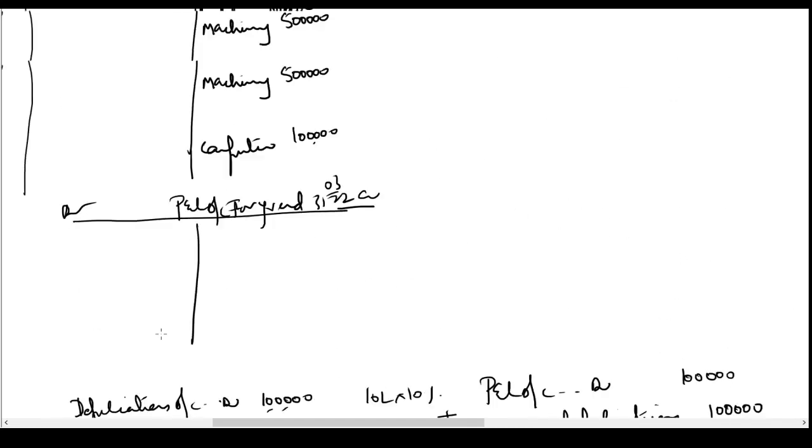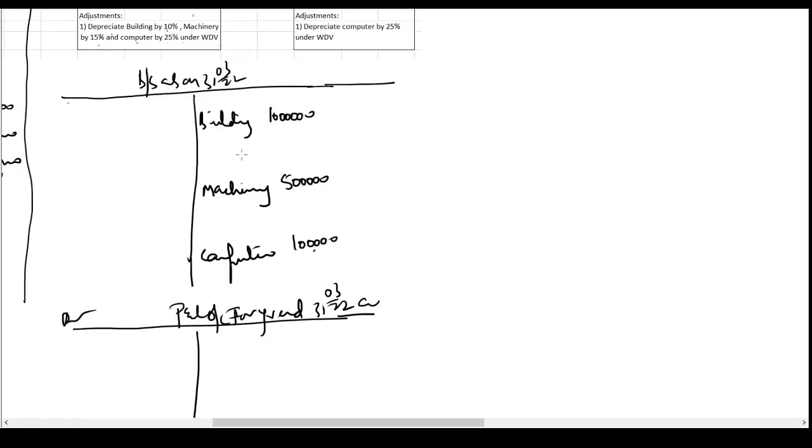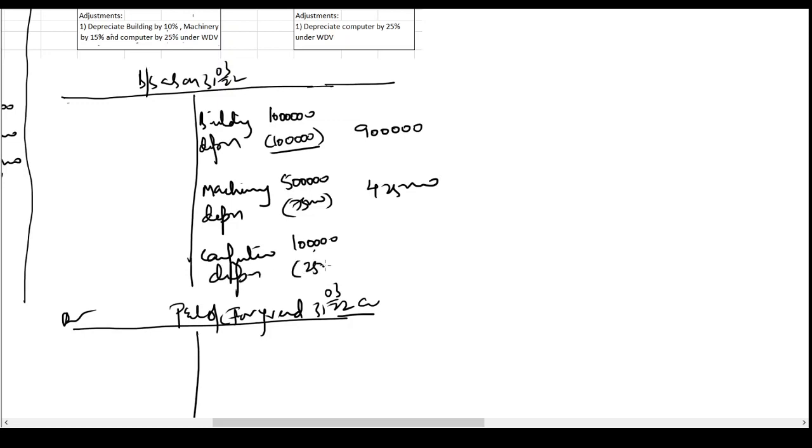So I go to the balance sheet. I'll write here depreciation less 1 lakh, outer column 9 lakh, depreciation 75,000, outer column 4 lakh 25,000, under computer depreciation 25,000, outer column I'll write 75,000.